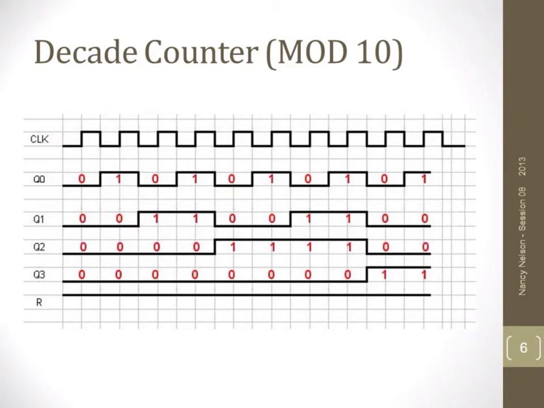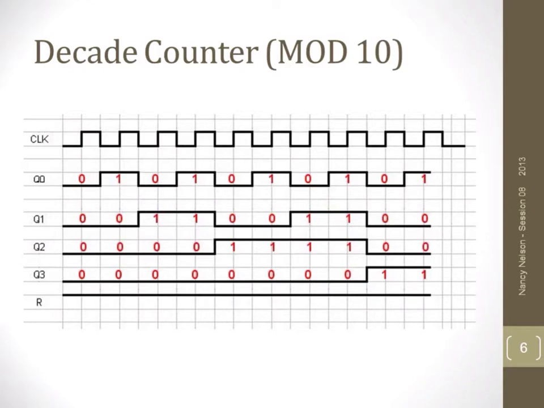Q1, that cycle takes twice as long, so its frequency is half again. Again, it counts 0, 1, 0, 1 on a regular basis. Q2, half the frequency again, so the cycle takes twice as long to go through that 0, 1 count. And finally, Q3 takes twice as long again to complete a cycle, but in this case we haven't quite completed them.